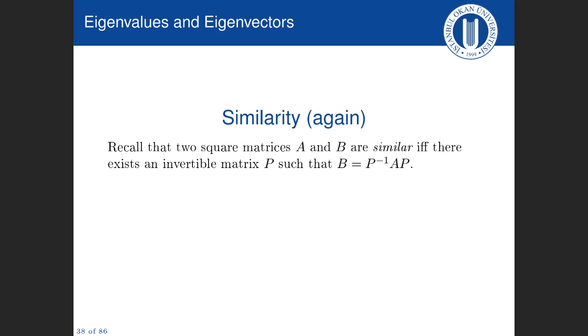Let's talk about similarity again. Let me remind you that two matrices A and B are similar if and only if there exists an invertible matrix P such that B is equal to P inverse AP. These are all square matrices of the same size.